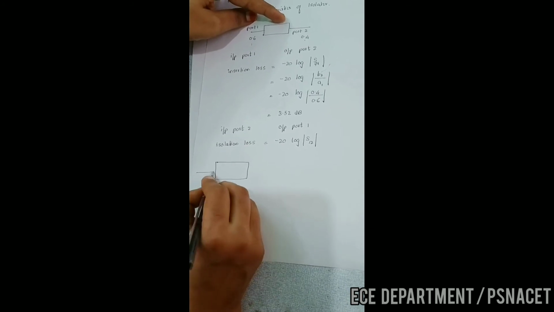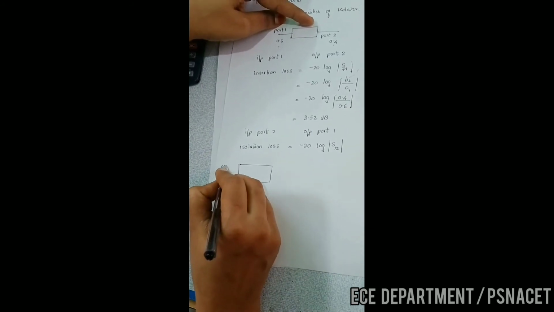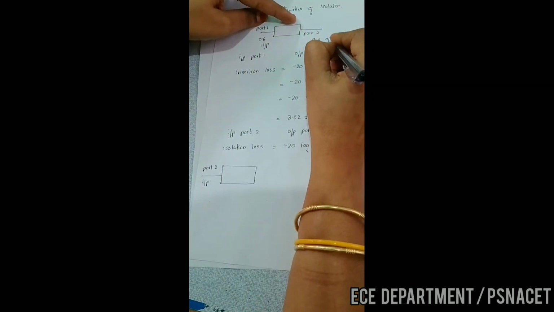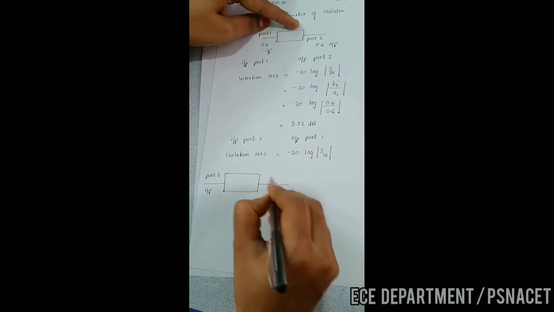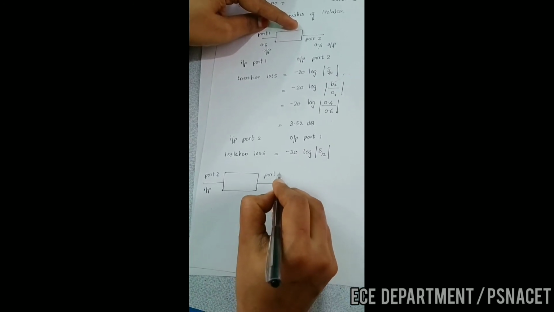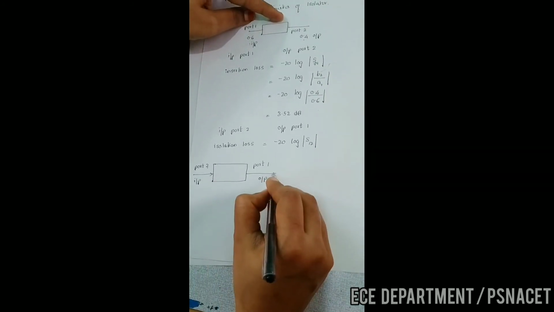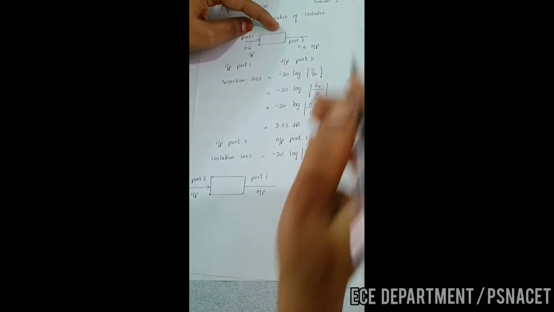Here the input is given to port 2. So this is the input, this is the output. Here port 2 has become the input, and port 1 is the output. So this is the direction of the wave.